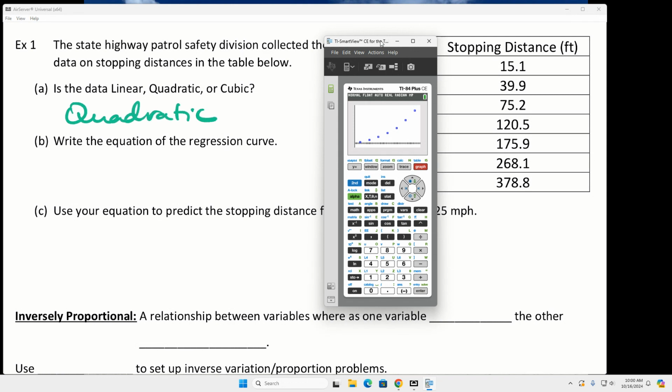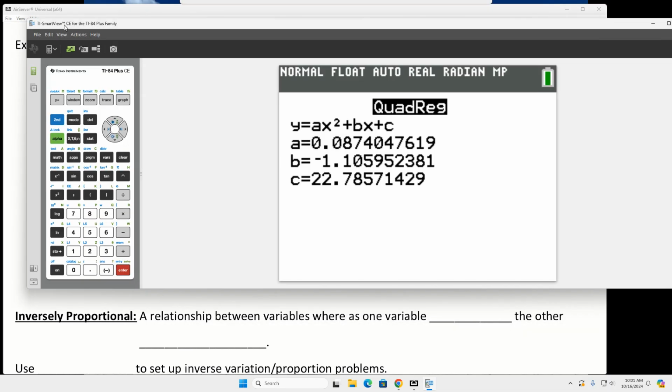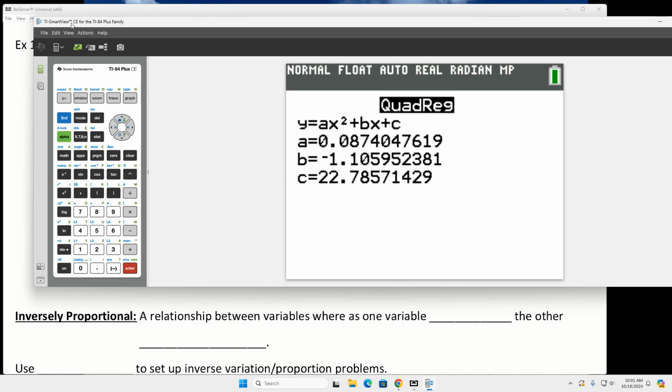Okay, so let's do it. So we're going to do the same thing we did before. We're going to do stat, and then go over to calc, and quadratic regression is number 5. We're still going to store it in Y1 by hitting second trace. All right, let's double check. Is that what you guys got? Did I go too fast?